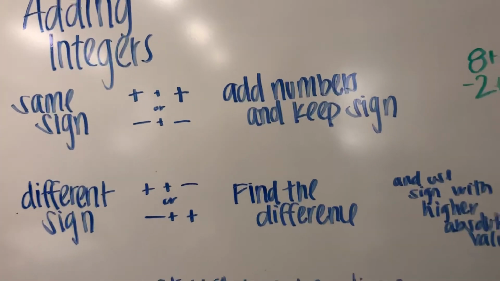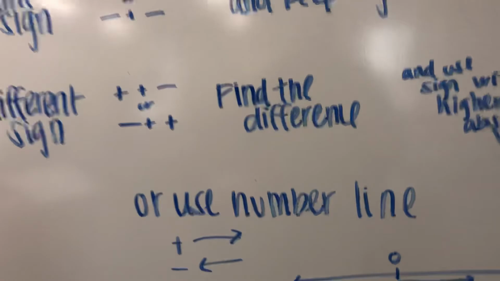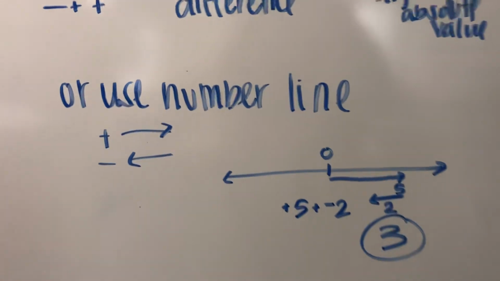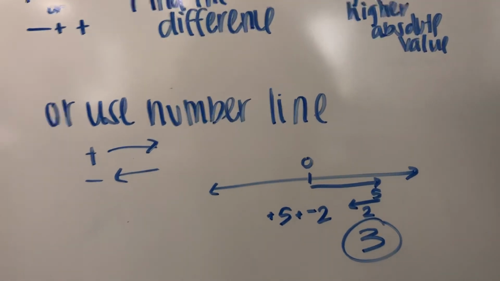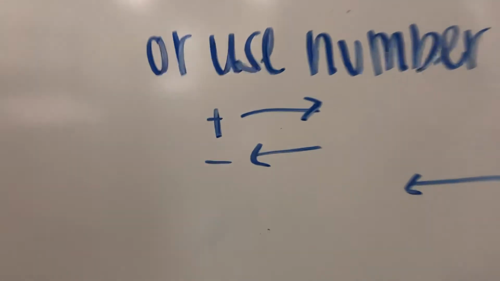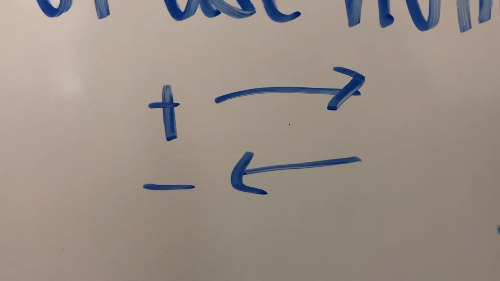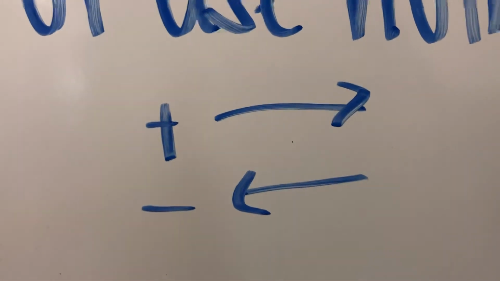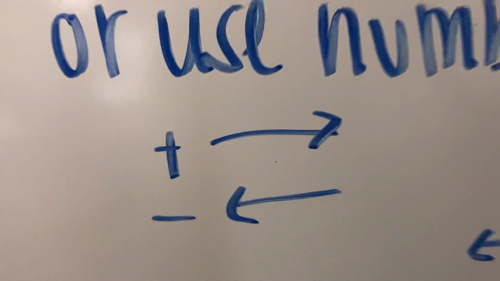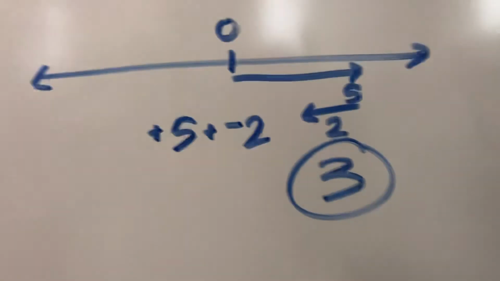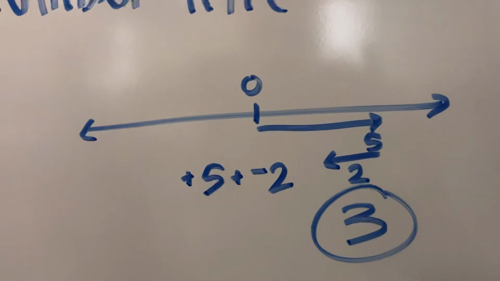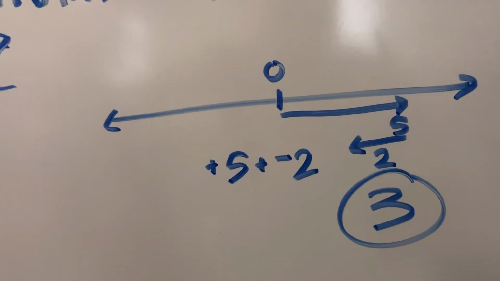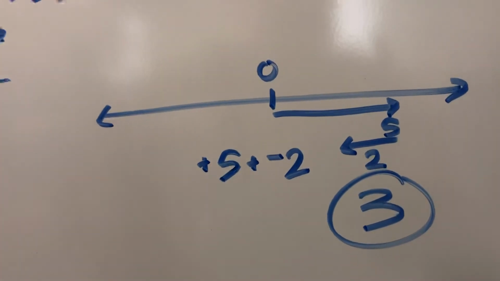Now you can use those rules, or if you are more of a visual learner, you can also use a number line. When we're using a number line, know that when we have a positive number, we're going to go to the right. When we have a negative number, we're going to go to the left. So if I'm looking at this example, I'm always going to start at 0. I had a positive 5 plus a negative 2.